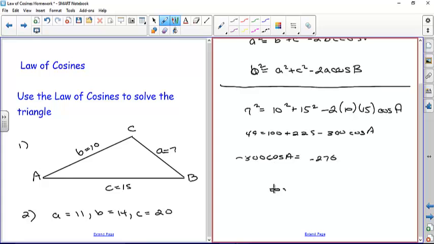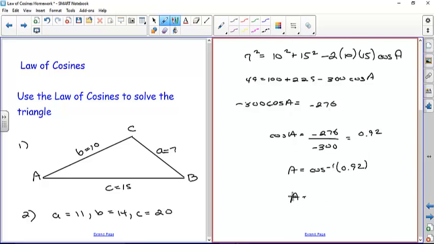So the cosine of A is negative 276 divided by negative 300, which is less than 1, so that's good. Negatives cancel out. We end up with 0.92. So A is going to be the inverse cosine of 0.92, which is 23.1 degrees.